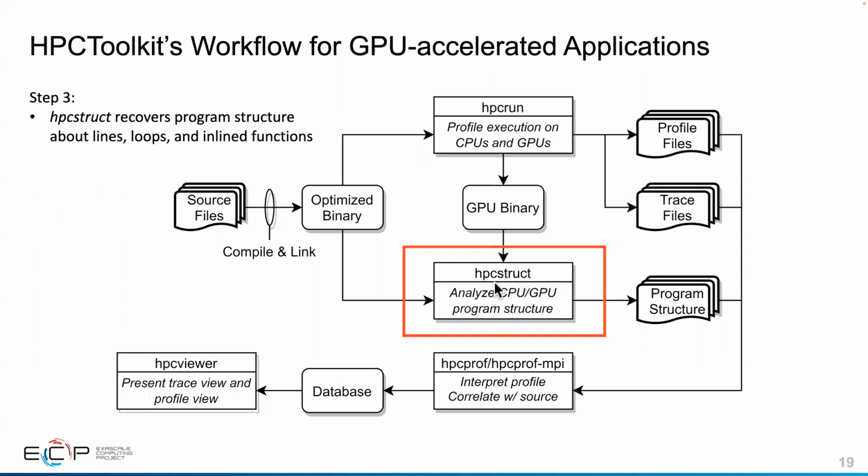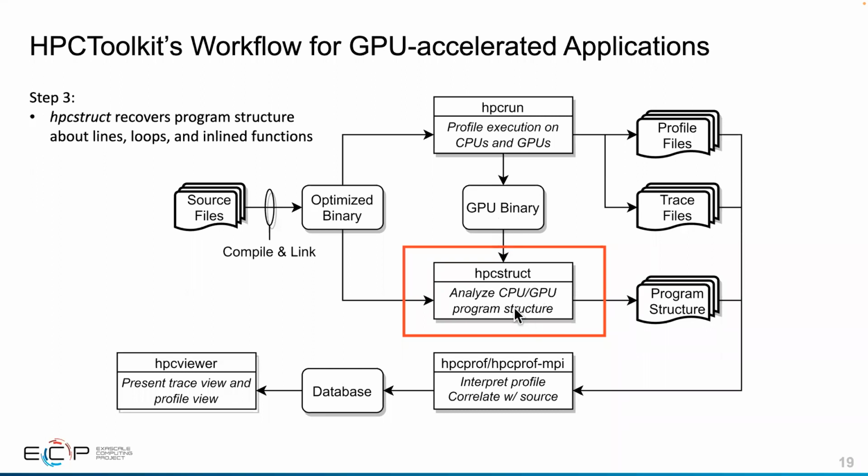The second tool in our toolbox is HPCStruct, which analyzes CPU and GPU program structure. It analyzes optimized CPU binaries, and it also analyzes whatever GPU binaries have been collected by HPCRun. When you launch an application with HPCRun, it collects the GPU binaries that were offloaded onto the GPU.